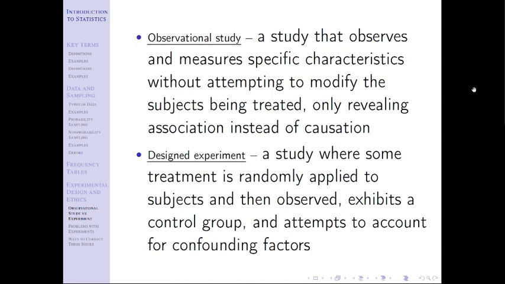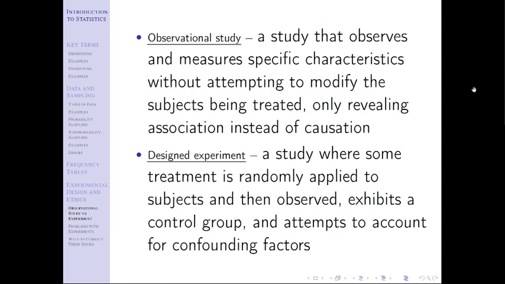An experiment is I have a group of people and I split them into two groups. Let's say these people have high blood pressure. I give half of them medicine that I think will help reduce their blood pressure. I give half of them a sugar pill. And then I can come back and see, did my group that got the medicine actually help them medically or not?